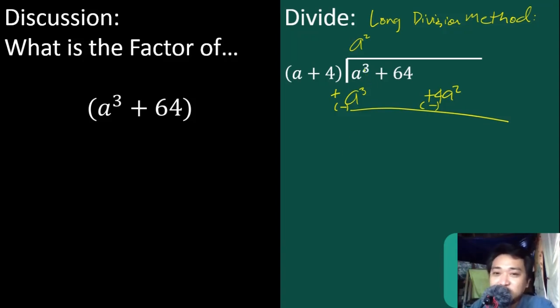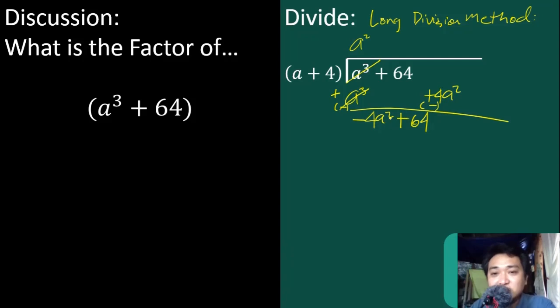Ganun po. So in this case, we proceed to addition and change the sign of the subtrahend. So a cube plus negative a cube is 0. So let us just cancel them out. What is left is, or bring down, negative 4a squared plus 64. Tapos continue uli natin yung ating pag-divide.